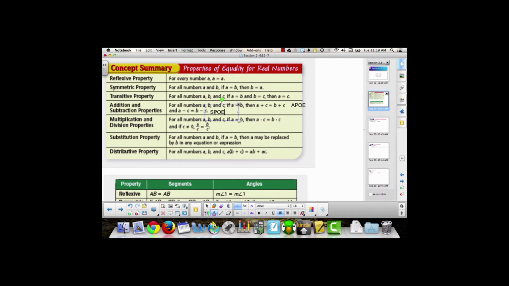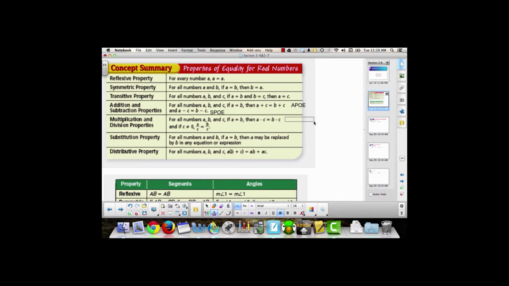The multiplication and division properties of equality help us to multiply a number on both sides of an equation or divide a number from both sides of an equation. Again, this helps us to solve algebraic equations.